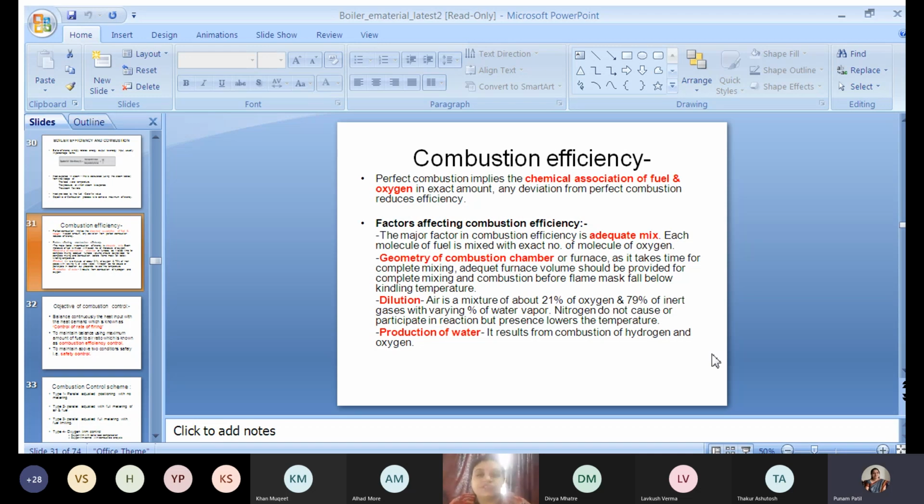So combustion efficiency means what? Complete combustion. If there is mixing of oxygen and fuel, and that input is fully utilized to produce the heat, then we are saying complete combustion is there, and it will increase the efficiency of the boiler. So I will read this first point.